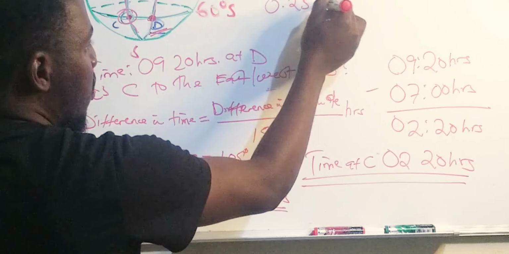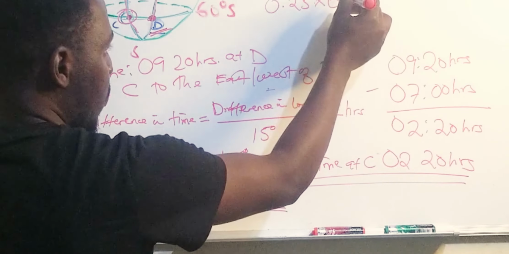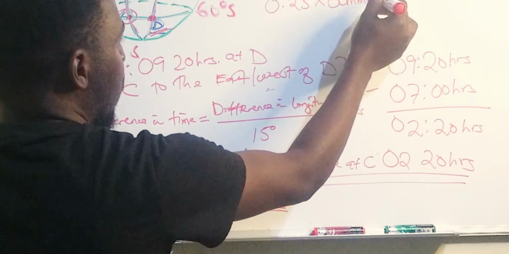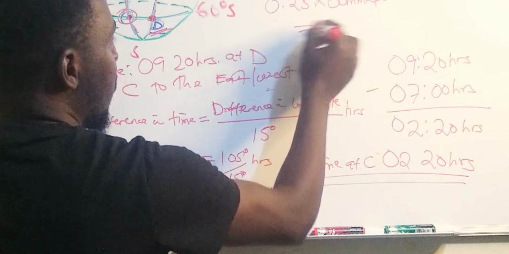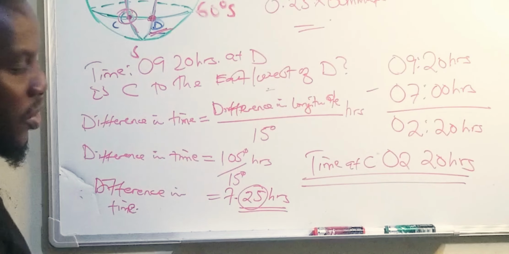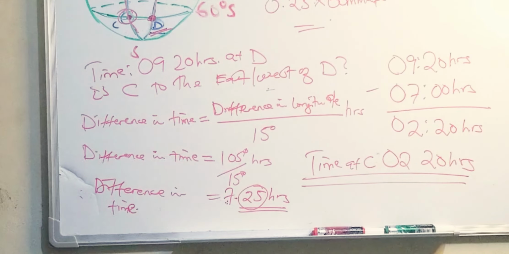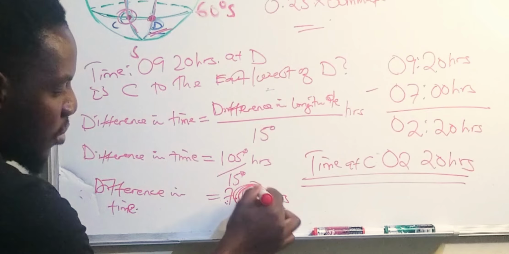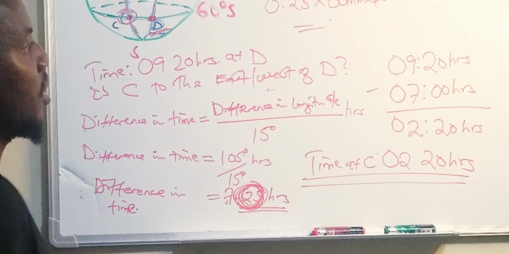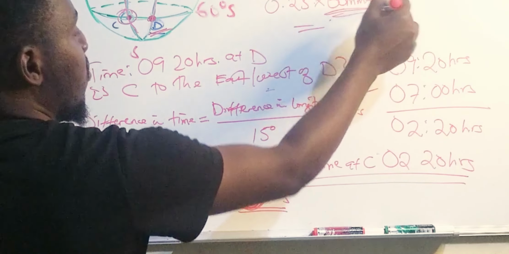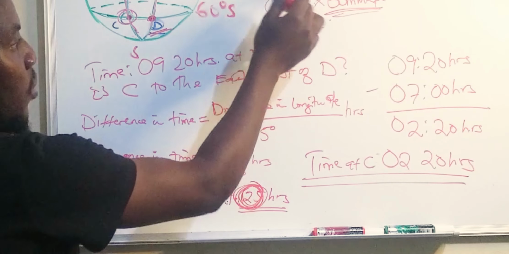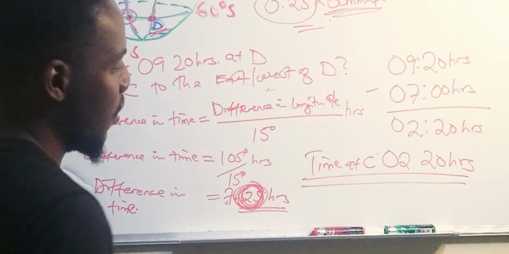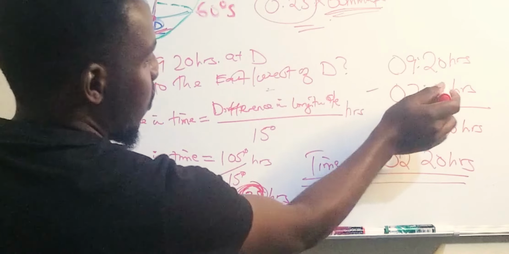You multiply it by 60 minutes in order for you to know how many minutes you have. Then those minutes, you add them to the number that you have found there. So when you have a point something here, just know that those are minutes. You multiply them by 60 in order to find what 0.25 is in minutes, and then you add them to this value there.